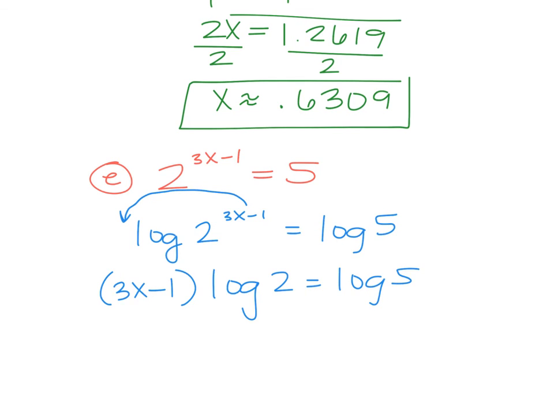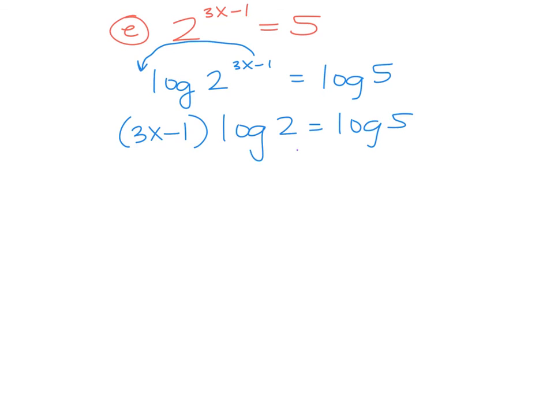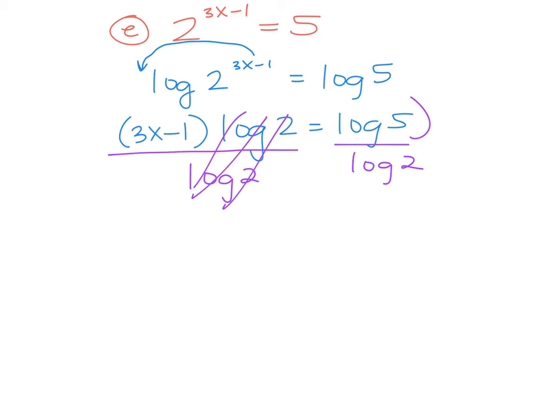What's next? Divide. Don't distribute, right? Divide by log 2, divide by log 2. Don't forget your parenthesis. This is gone. So you have 3x minus 1 equals log 5 divided by log 2 is 2.3219. And from there, I'm fine with you doing it on your calculator. Add 1, divide by 3.